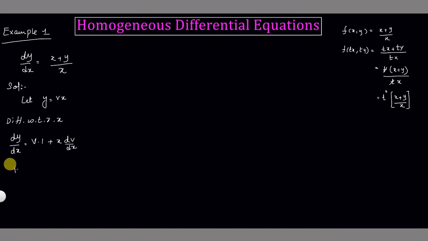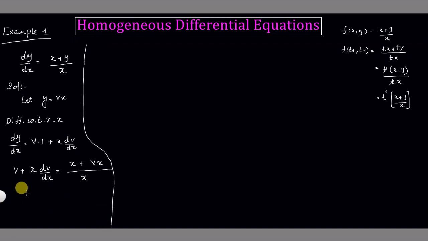We will get v plus x dv by dx, which is equal to (x plus vx) over x. Y will be replaced by vx. After simplification, you will get a further simplified form.